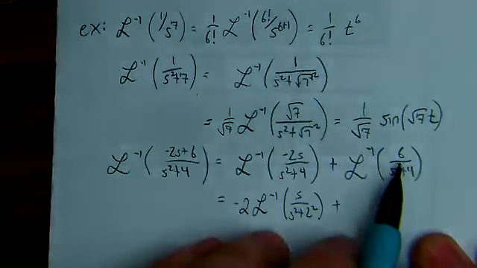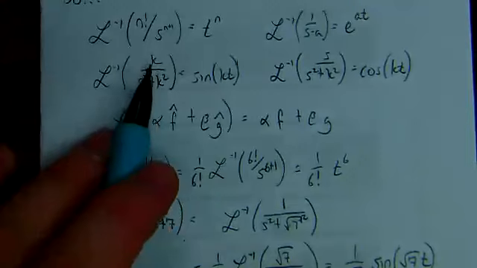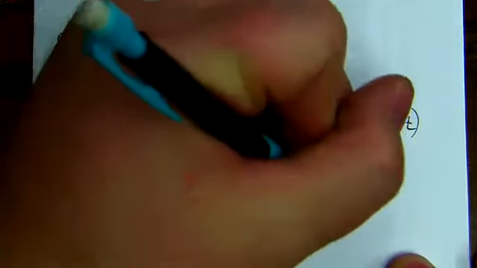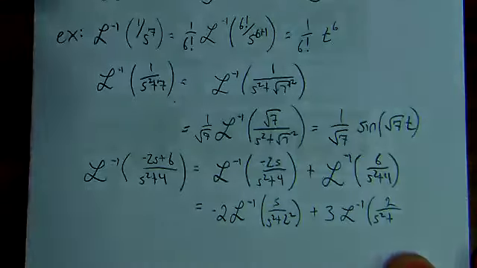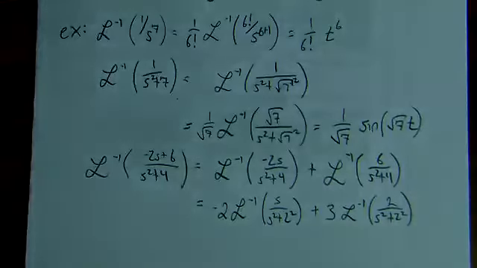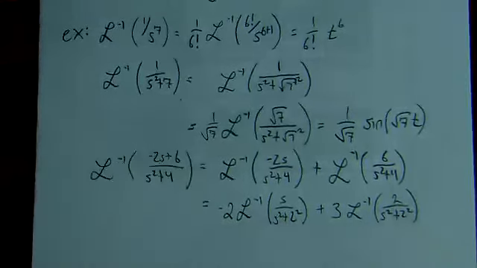Here, I've got a 6 in the numerator. The rule I want to invoke requires k in the numerator. K here is 2. So I need a 2 in the numerator. So 6 is 3 times 2. So I'm going to break 6 into 3 and 2. And so in this way, I now have two functions that I know the inverse Laplace of.